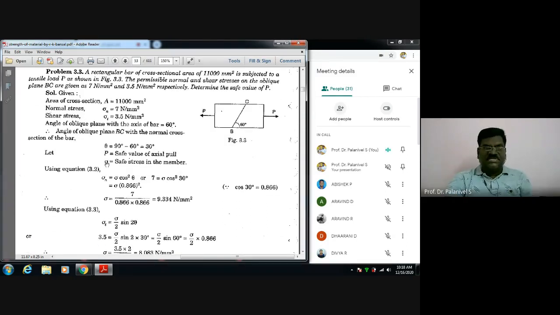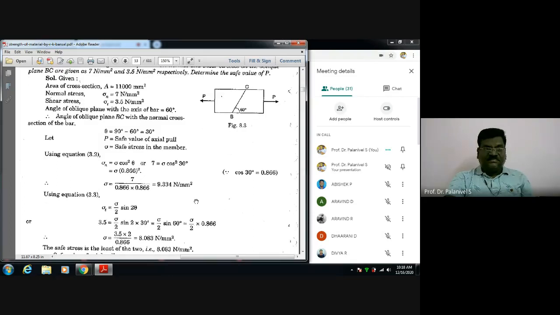Sigma is nothing but the safe stress in the member because it should not exceed 7 Newton per mm square. It is given, so that is substituted. Sigma n equal to sigma cos square theta, or 7. The normal stress should not exceed 7, that's why 7 equal to sigma cos square theta. From this, the sigma is computed, which is found to be 9.334 Newton per mm square.